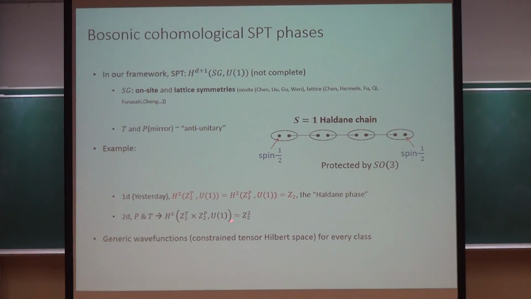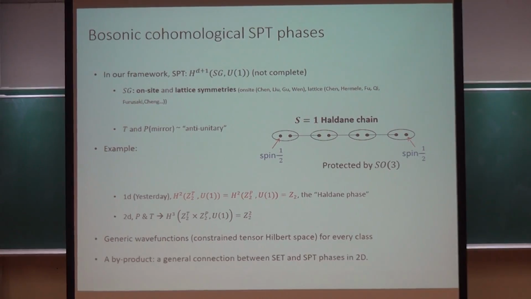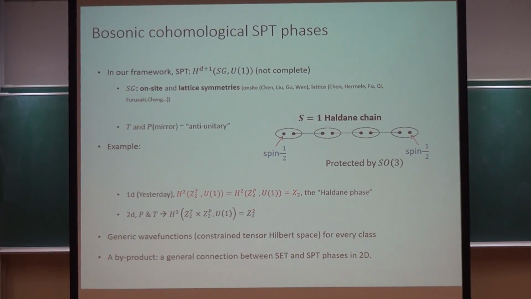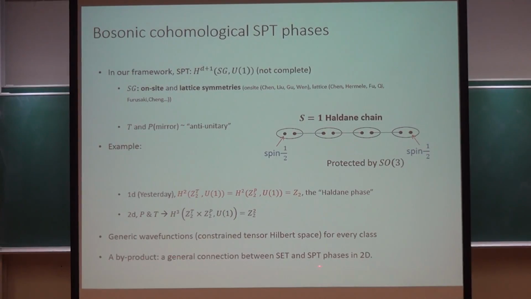And for every one of these phases, you can construct a generic wave function, very similar to what we did for the chiral case. But here is an SPT, which does not have a topological order. Remember, SET has topological order, SPT does not. If I have time, I will also mention there's a general connection between SET and SPT in 2D.